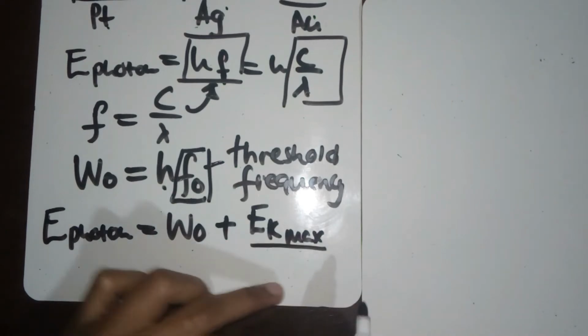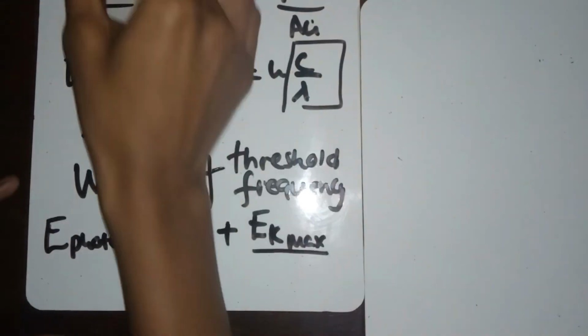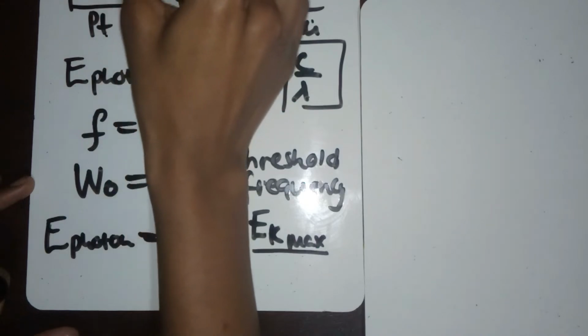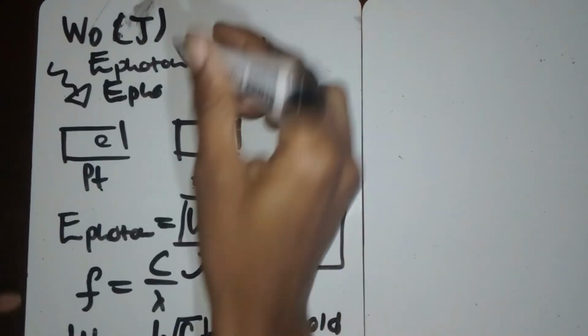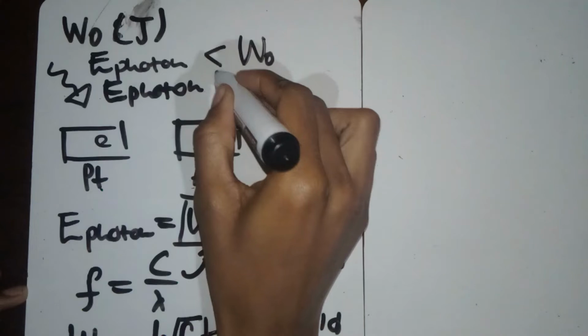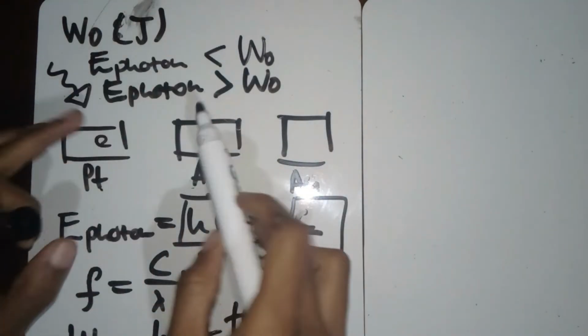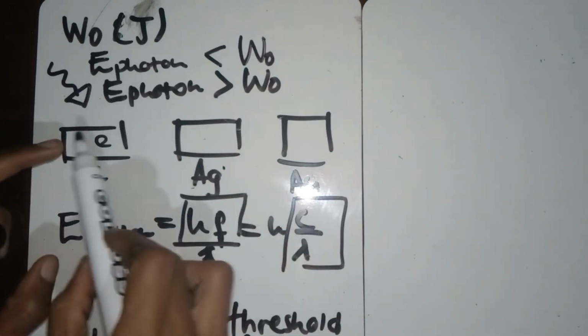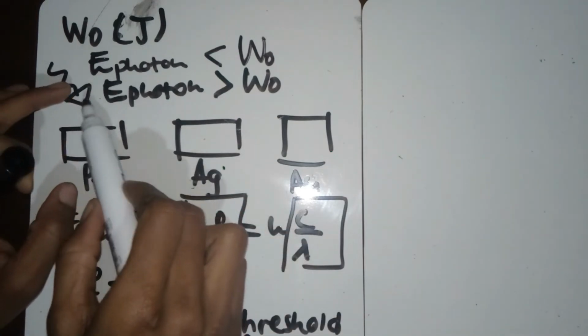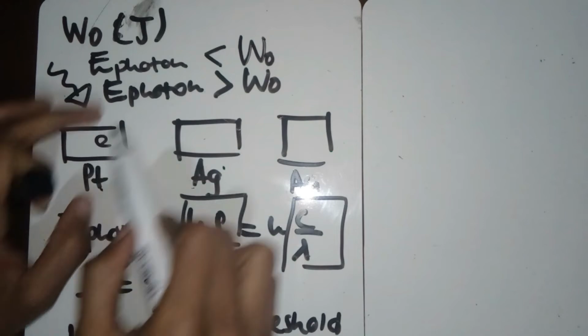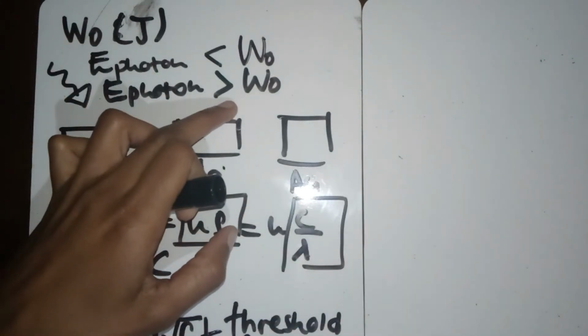This is coming from the fact that in a case where the energy of this photon is actually greater than the work function, it will transfer its energy to the electron, and the electron will be ejected, but we will still have excess energy.